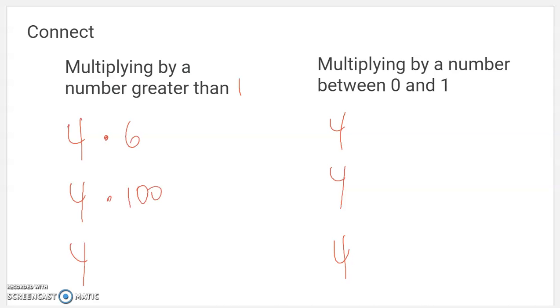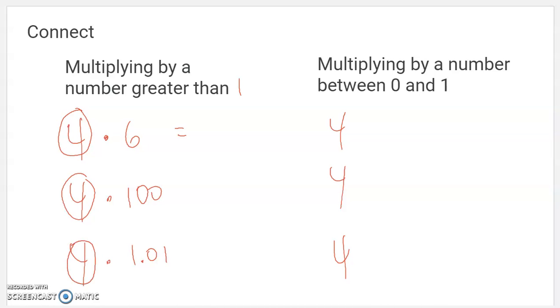And what's going to make a difference there is something you probably learned way back in 5th grade that I want to remind you of. When you multiply a number by a number greater than 1, it can be like barely greater than 1, like 1.01, you always get something greater than you started with.